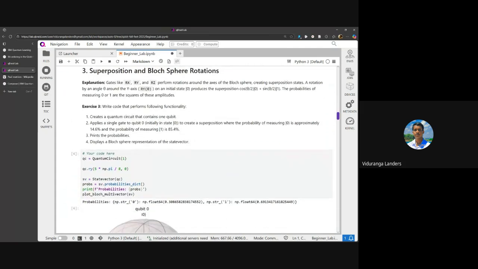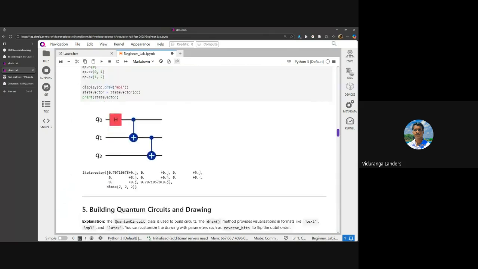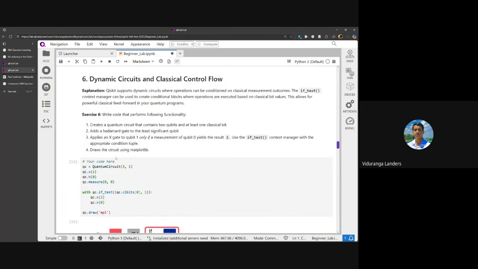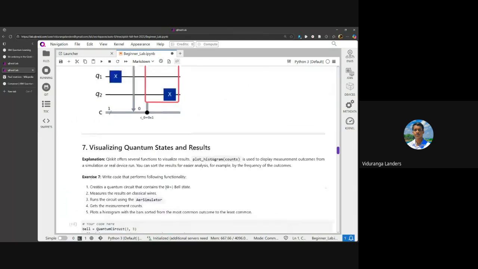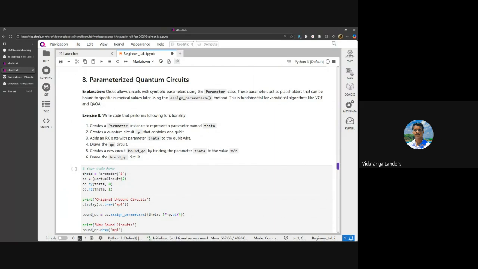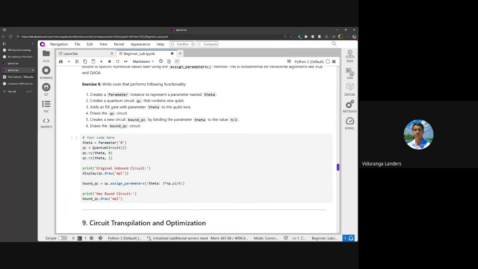Then we moved on to these rotation X, rotation Y, and rotation Z gates, where we could use any custom angle for the rotation parameters. And then we had entanglement and all those other things, and also classical control flows with classical logic. And now we are coming to parameterized quantum circuits, where you are defining a quantum circuit as a function.